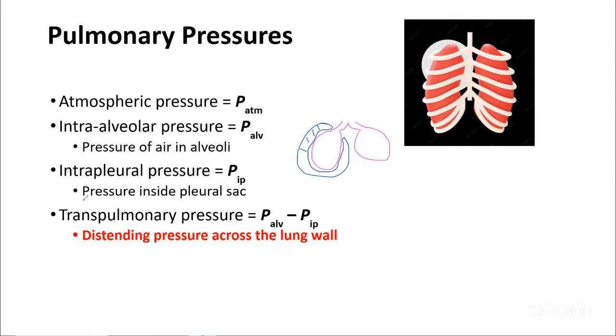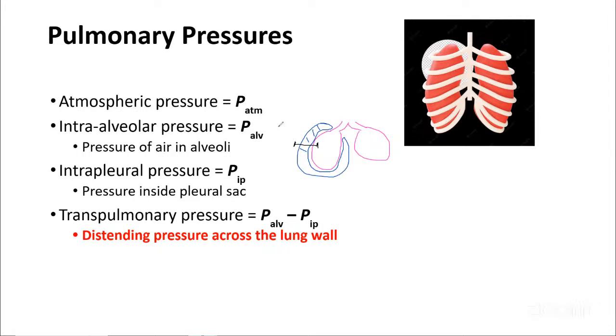Why that intrapleural pressure matters, why it pulls on the alveoli, is that we're creating a pressure difference across the wall of the lung, essentially. So we can think about there being a pressure difference here as well, and that's referred to as our transpulmonary pressure. So transpulmonary, across the lung.